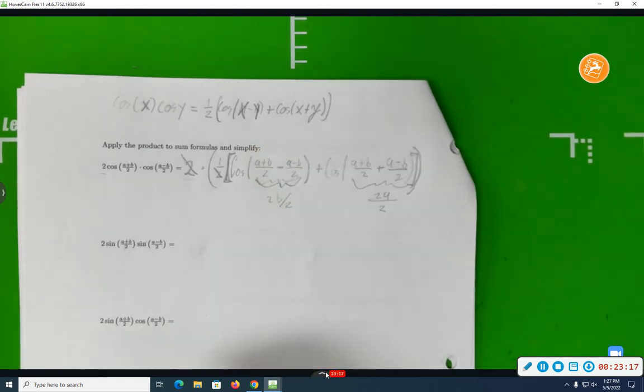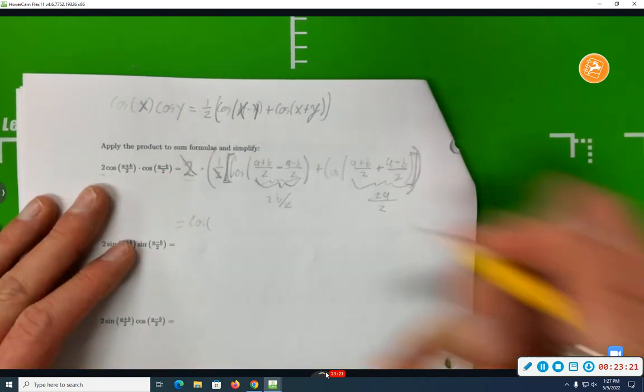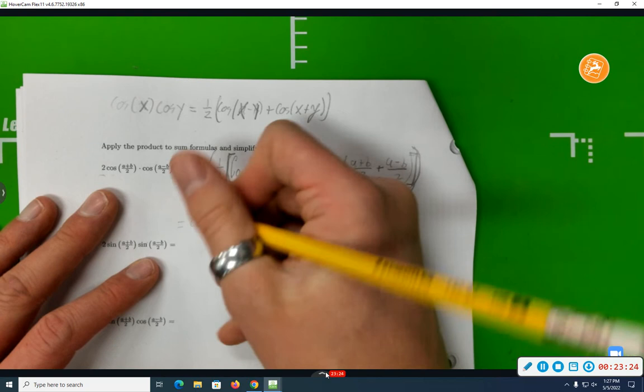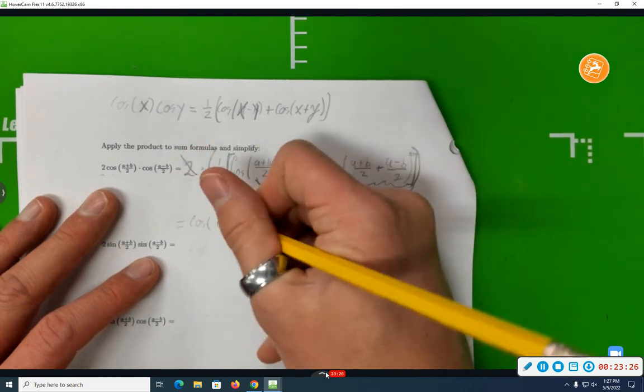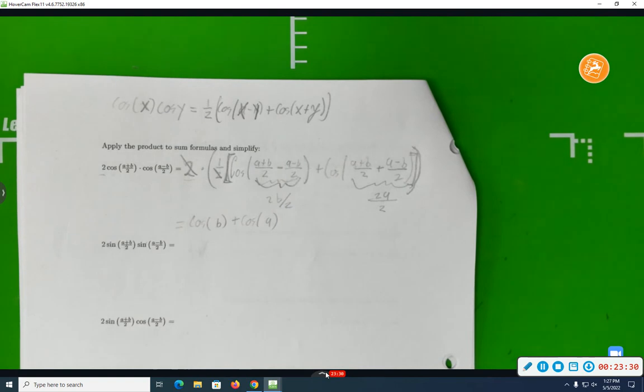Oh, cool. So that is exactly cosine of b plus cosine of a. Oh, hey, have we just found a formula for what the cosine of a plus the cosine of b is? Yeah, nice. It's right there.